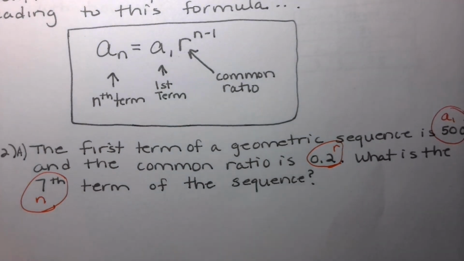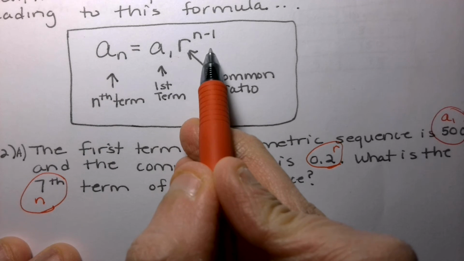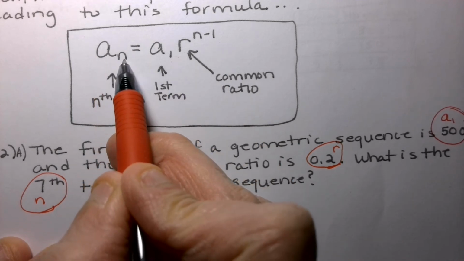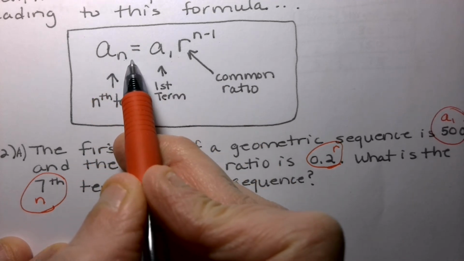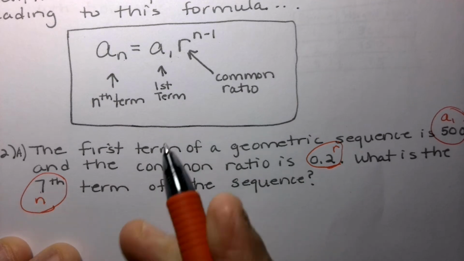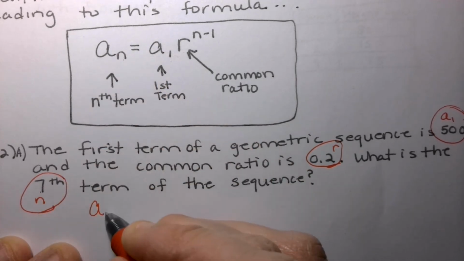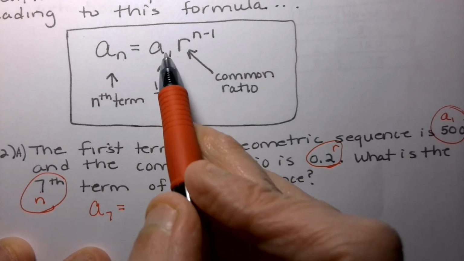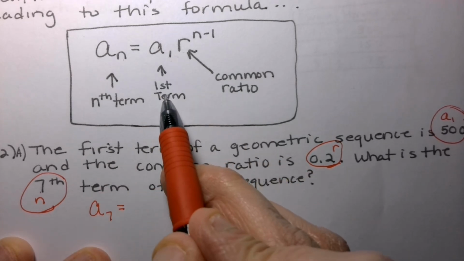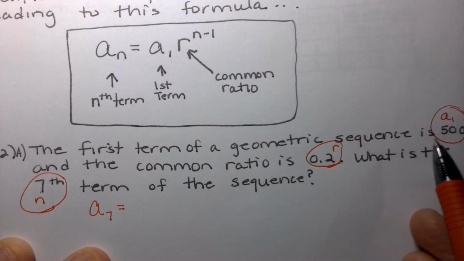So here we go. We've pretty much got everything to plug in here. So we start with a sub what? What term are we looking for? 7. A sub n. And we said the n was 7. Equals the a sub 1, our first term, 500.